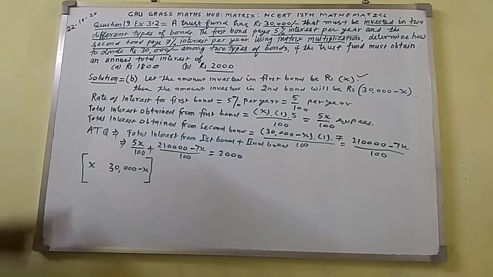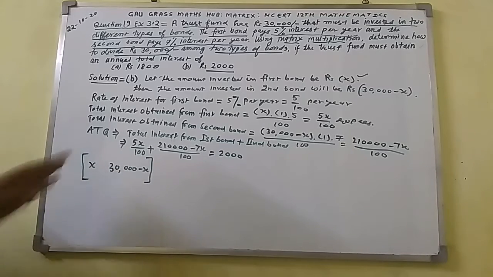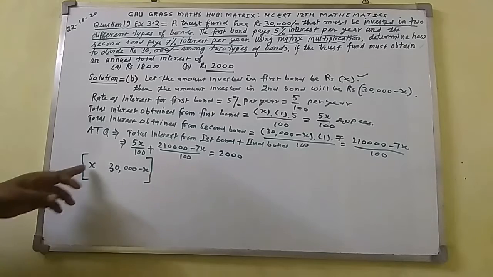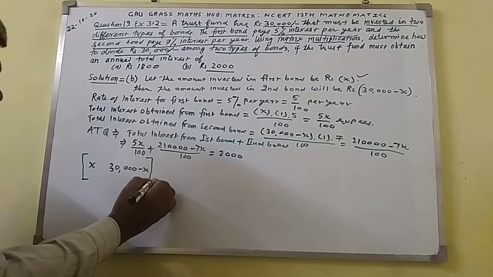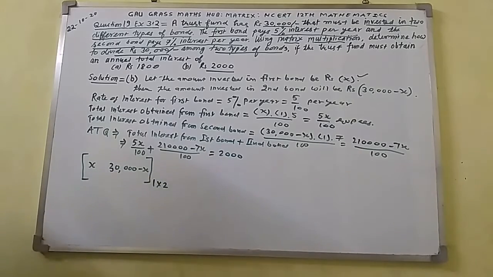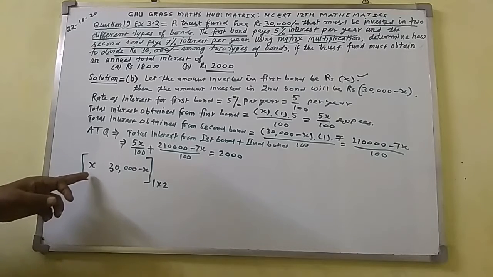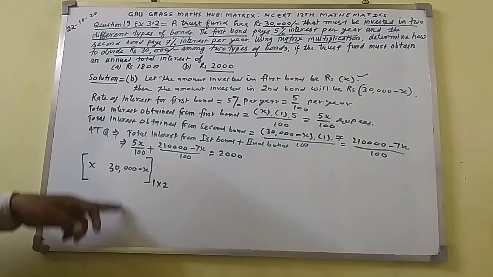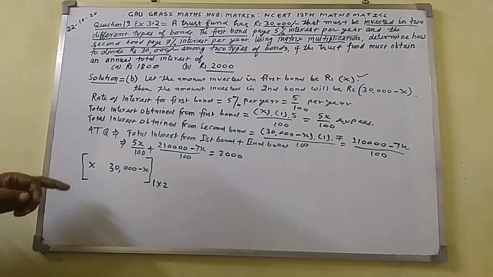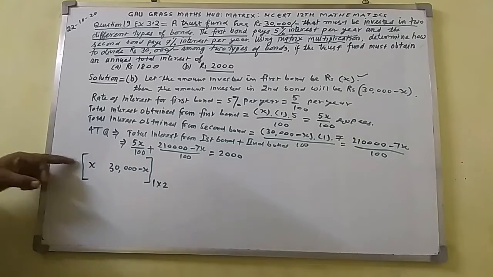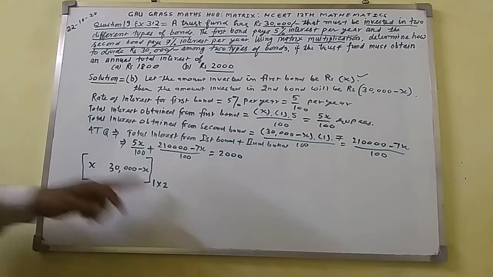So this is the matrix you will get, and this matrix will be of order 1 cross 2.